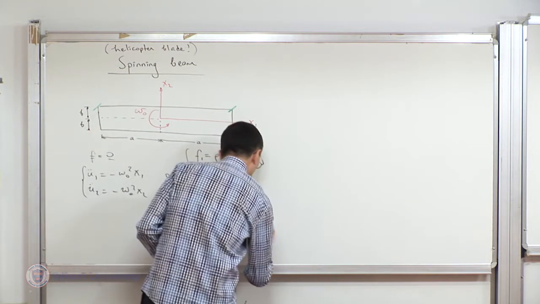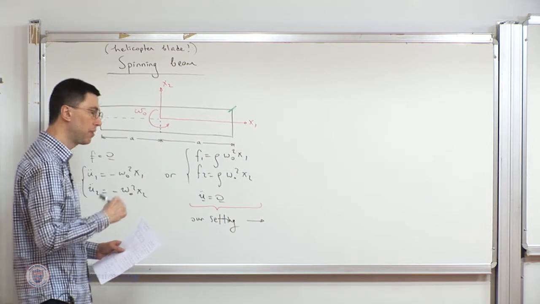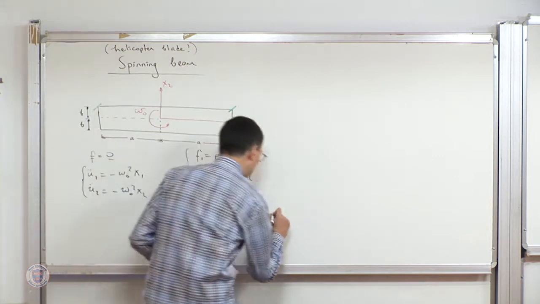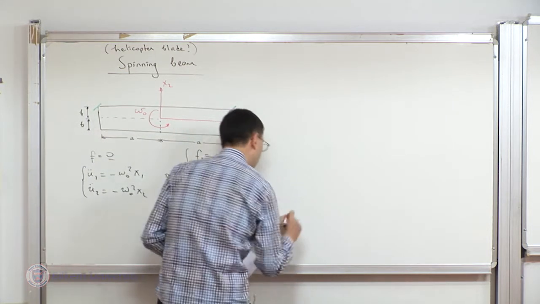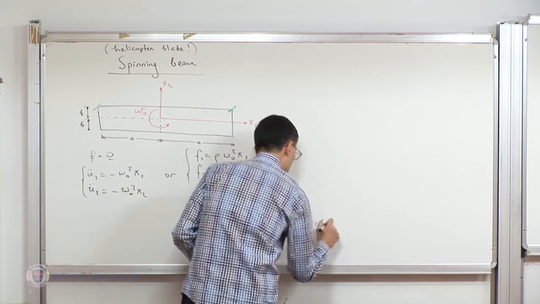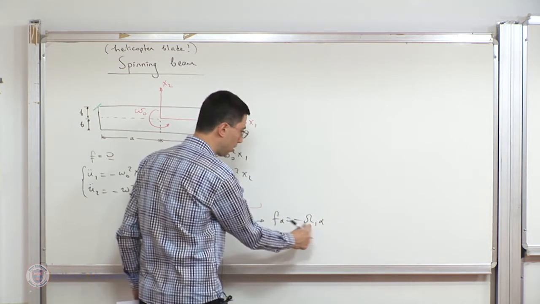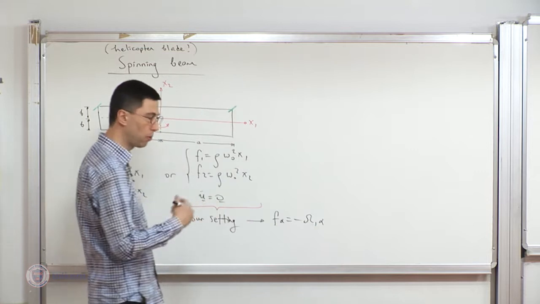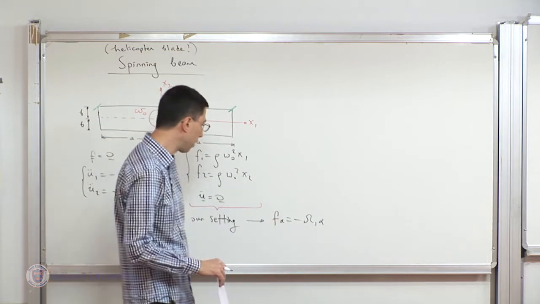So in that case, what we need is the potential that delivers the body force. Remember that we defined the potential capital omega to be such that when I take its gradient, it delivers the corresponding component of the force through a minus sign.